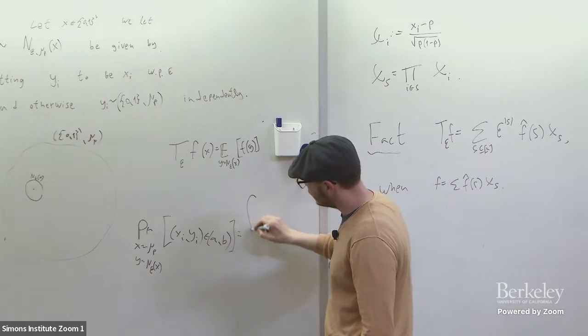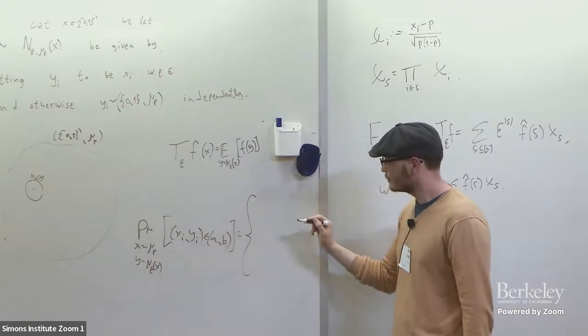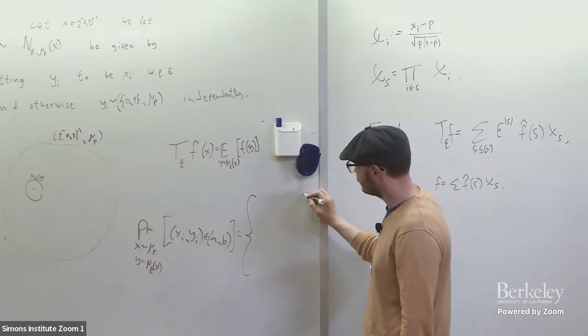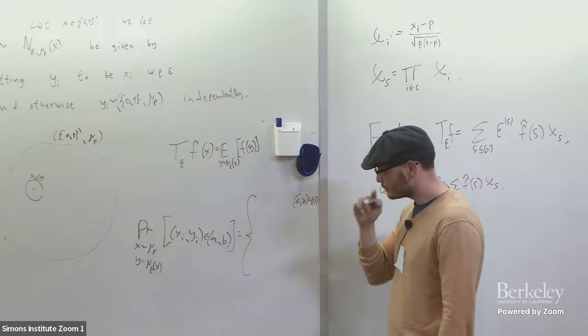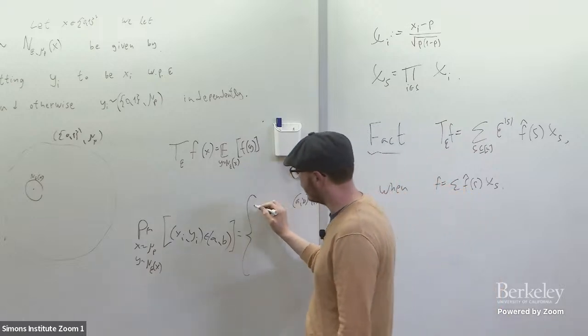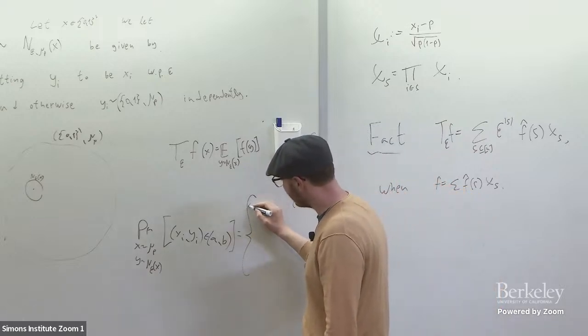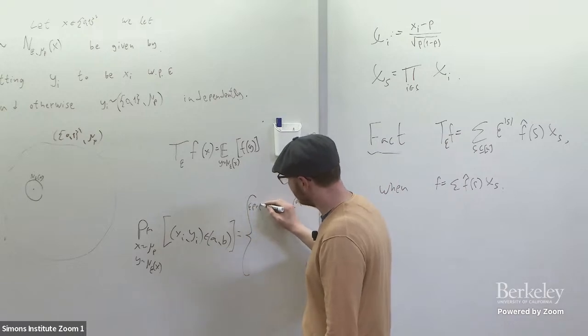And then it's going to be equal to, when (a, b) is (1, 1), it's going to be epsilon p plus (1 minus epsilon) p squared.